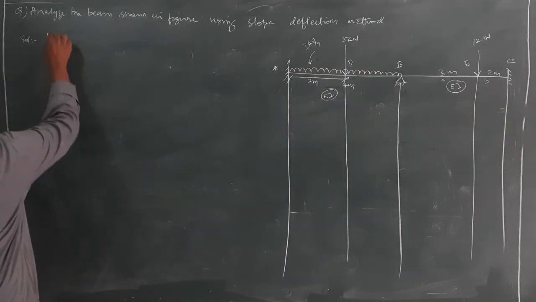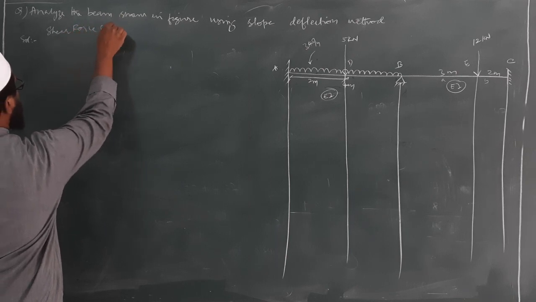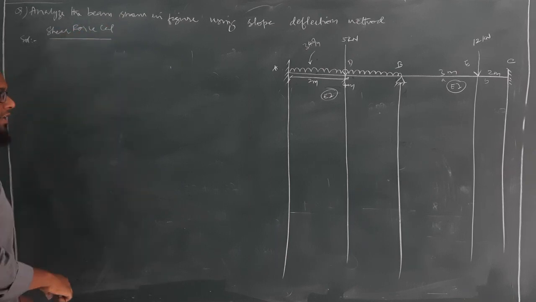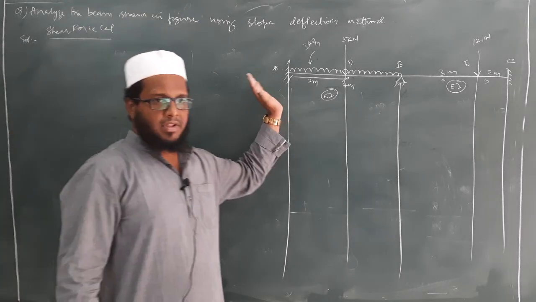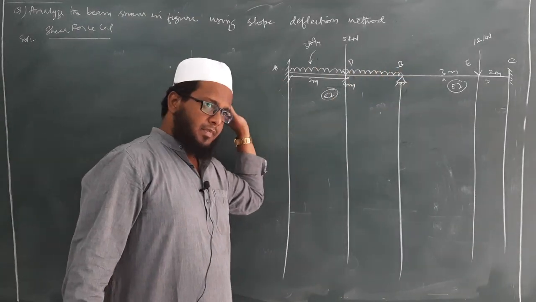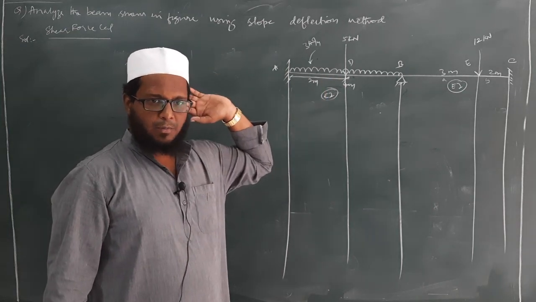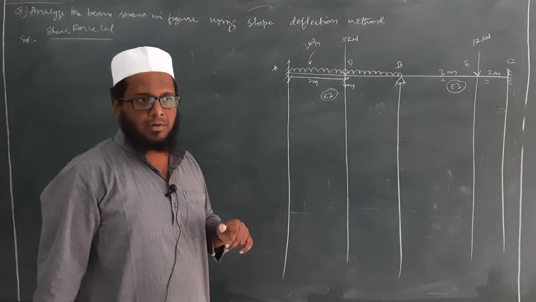Now shear force calculation. Either you can start calculation from the left side or from the right side. So we'll start from the left side. Why? Because from left to right, upward forces are positive and downward forces are negative.